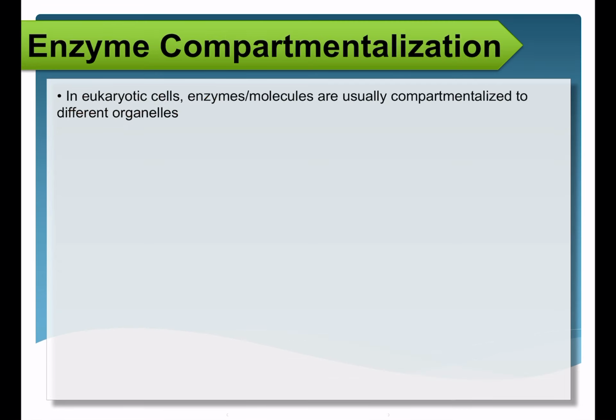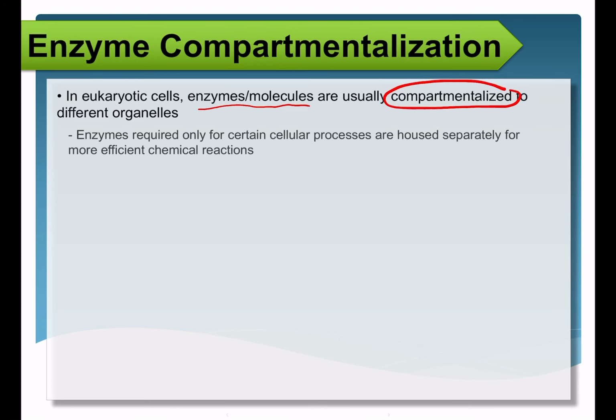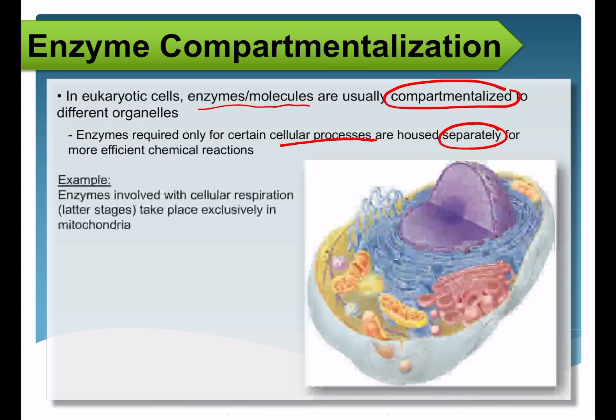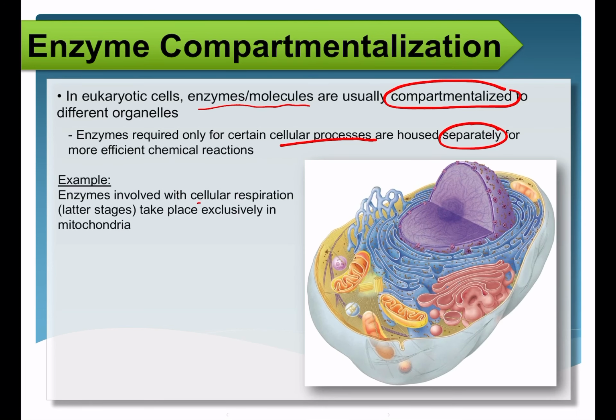And as a wrap up of this chapter and an introduction to the next chapter we will be discussing, which is chapter 4 on cells. In eukaryotic cells, enzymes and molecules are actually compartmentalized into different organelles. For example, enzymes required for certain cellular processes are housed separately for more efficient chemical reactions. For example, enzymes involved in cellular respiration.